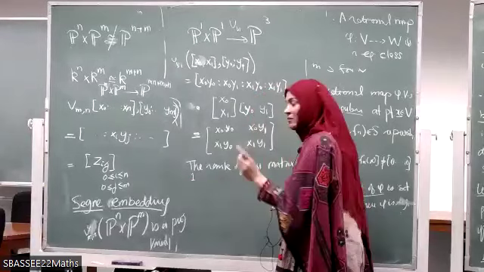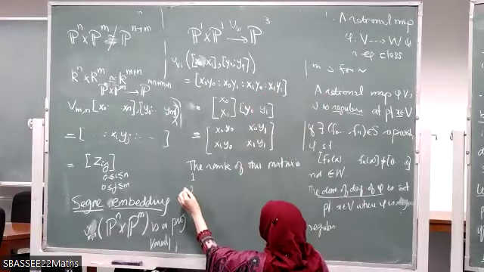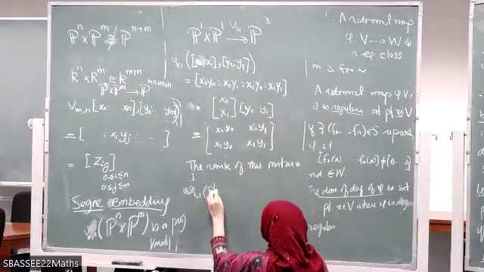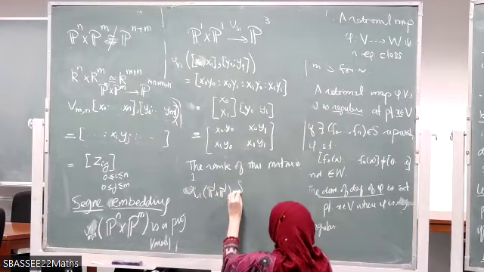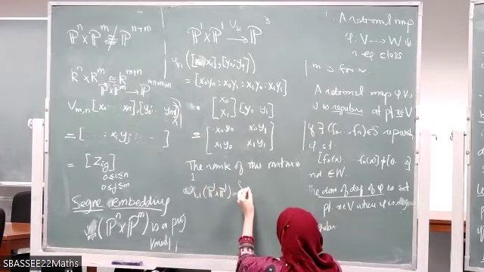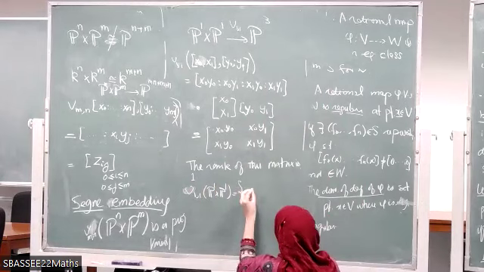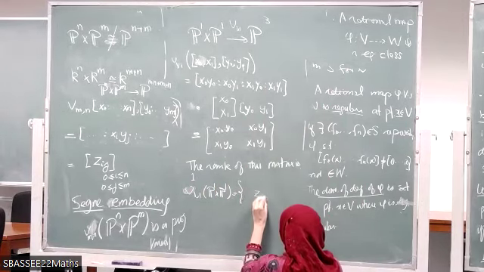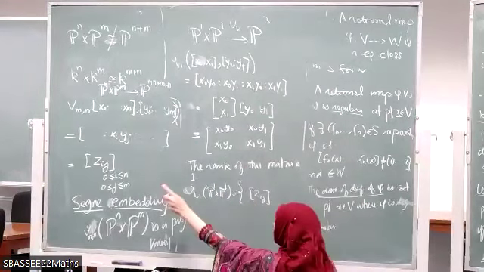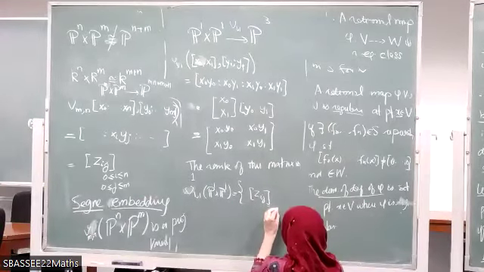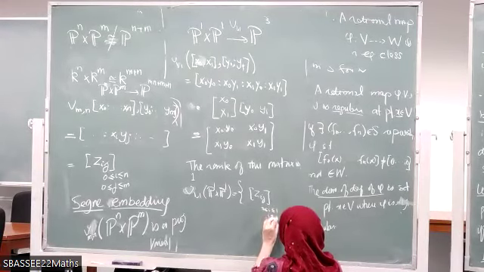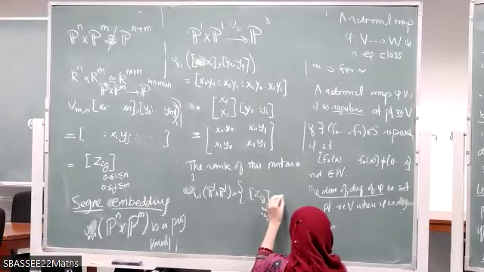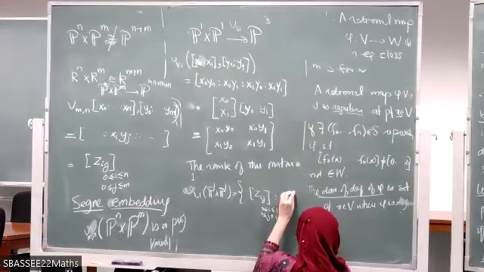This means that I can write my image under this map as, I'm just using the notation Z_ij at this moment, just like I had used previously. So it's like a matrix, any matrix here, whose rank is 1.